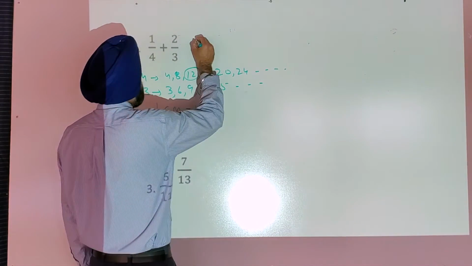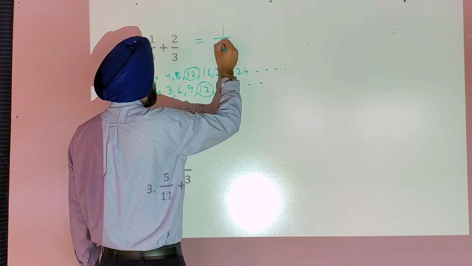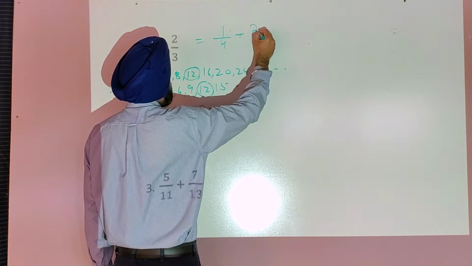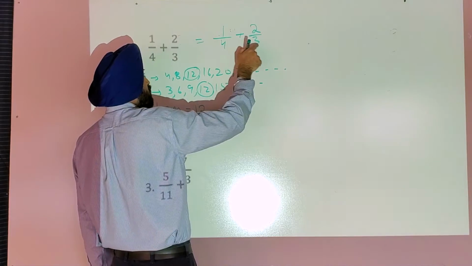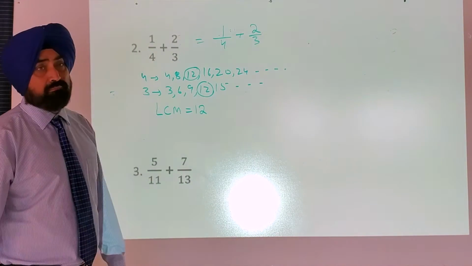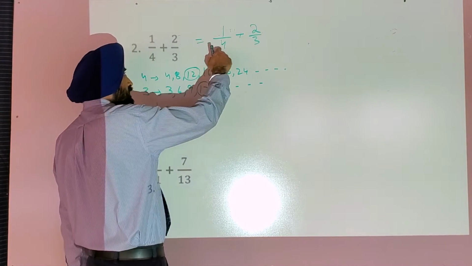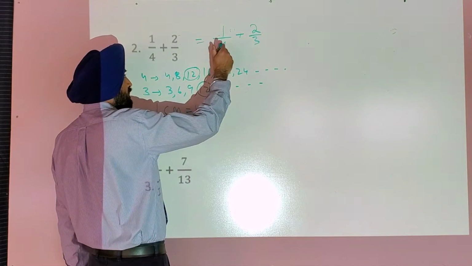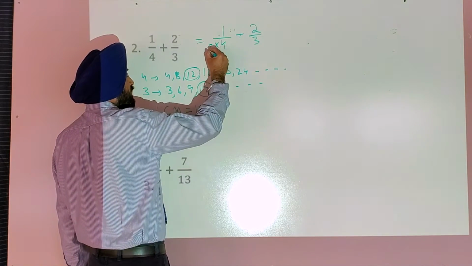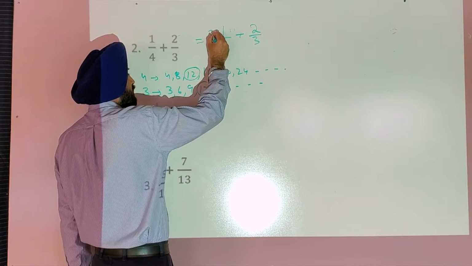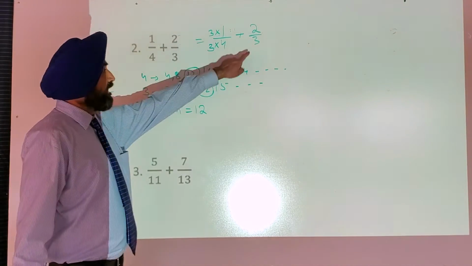So what do we do here? 1 over 4 plus 2 over 3. Now these two have different denominators, we have to make them 12. Which number should we multiply 4 by to get 12? Times 3. Do the same thing at the top also. And how can we make this 12?